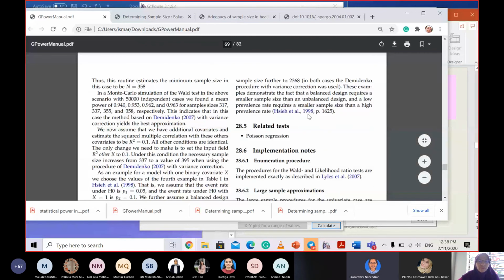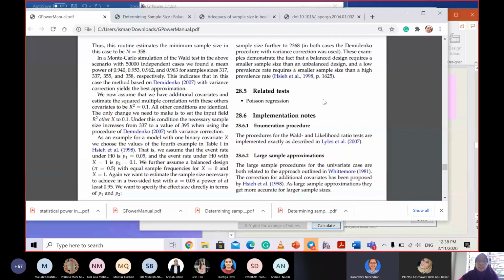What's the meaning of odds ratio? In the logistic regression results, they will give you the odds ratio.